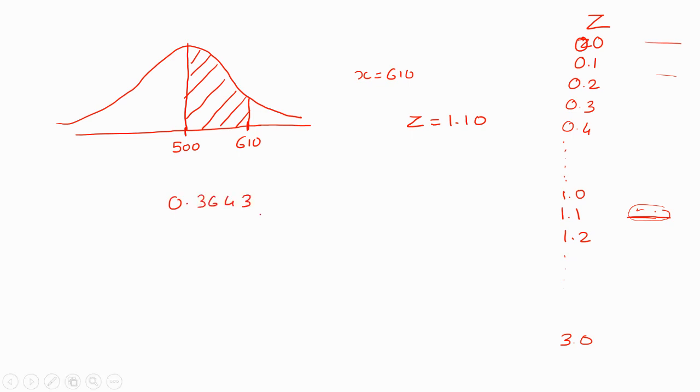And that value is 0.3643. Again, this value whatever you look up will be less than 1. Why? Because the total area of the curve is 1, therefore this area will be less than 1. So in this case the total area is 0.3643.